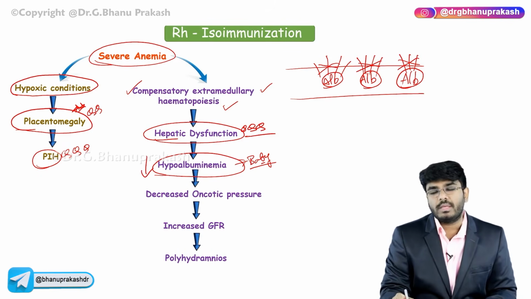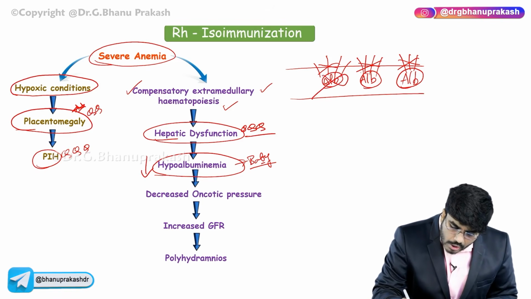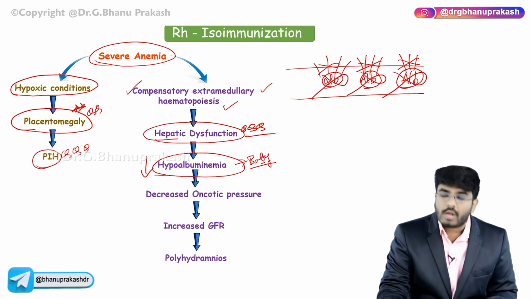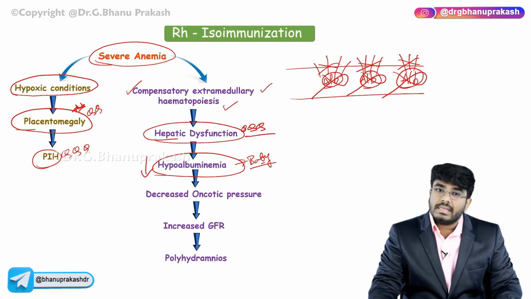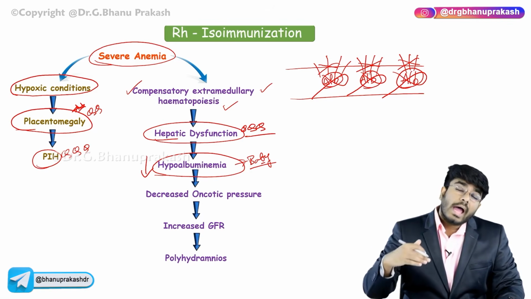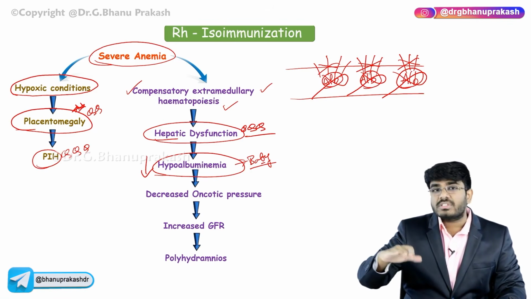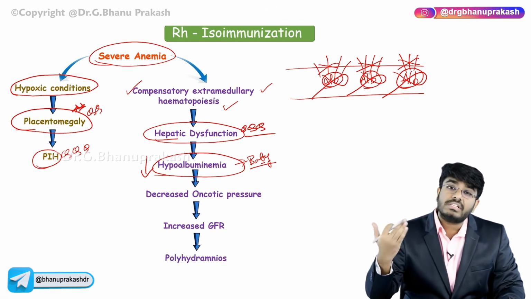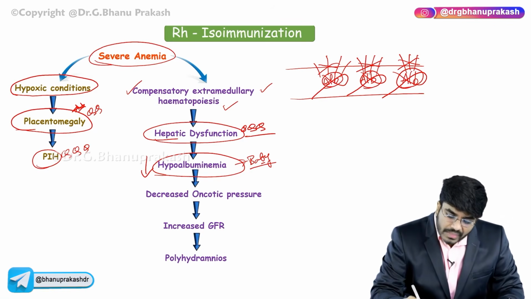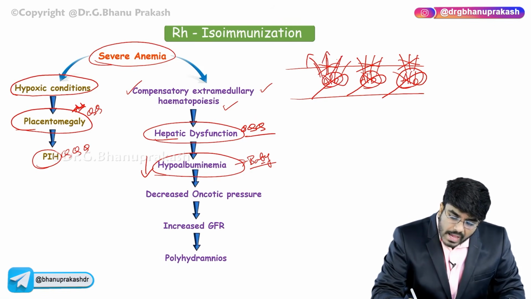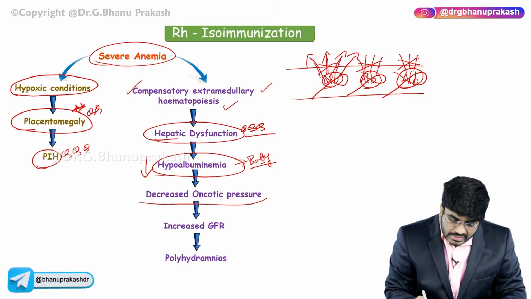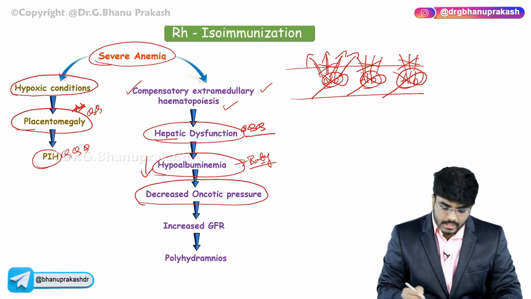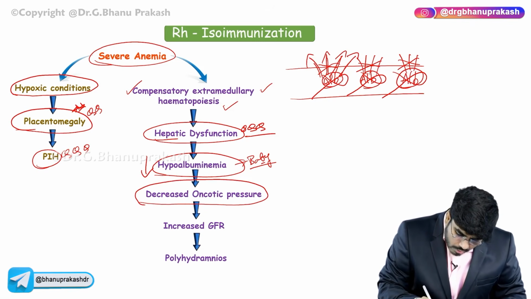There is hypoalbuminemia. Whenever albumin is not there, osmotic pressure is decreased. Hydrostatic pressure, the counter force, will be relatively more. That leads to more plasma going out. So, that leads to decreased osmotic pressure, not oncotic pressure.